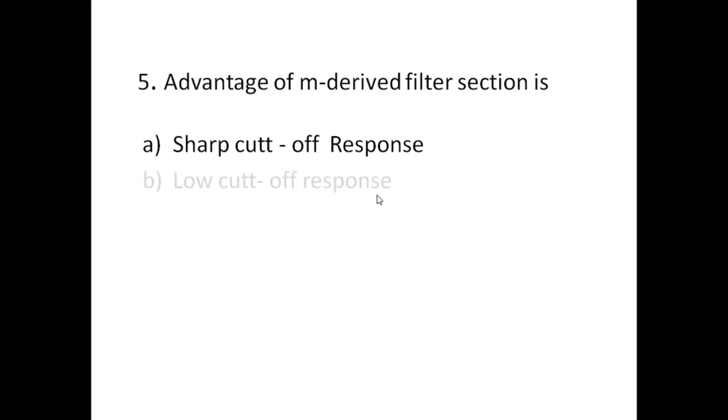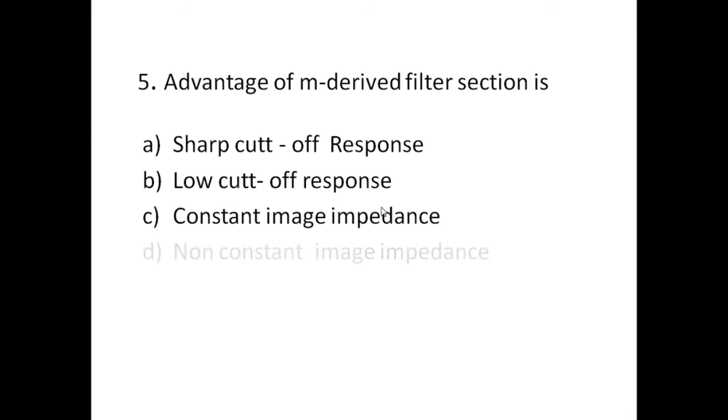Now the fifth question: the advantage of m-derived filter section is option A sharp cutoff response, option B low cutoff response, option C constant image impedance, option D non-constant image impedance. I already told you the m-derived filter has two main advantages to overcome the constant K filter problem.